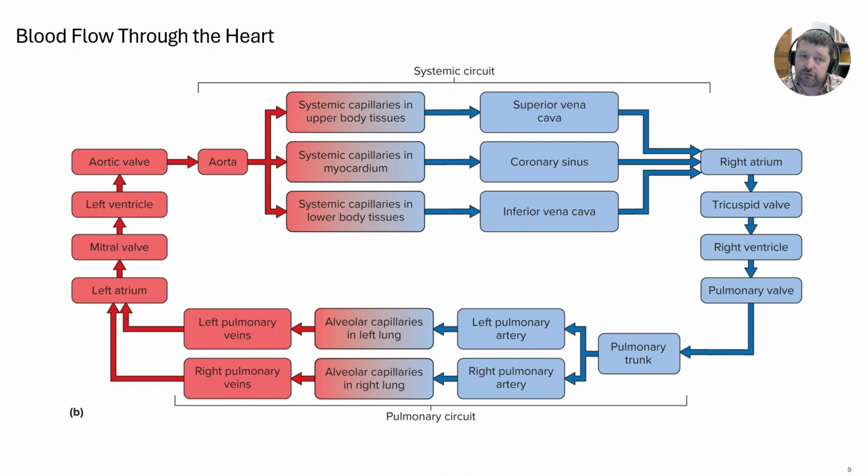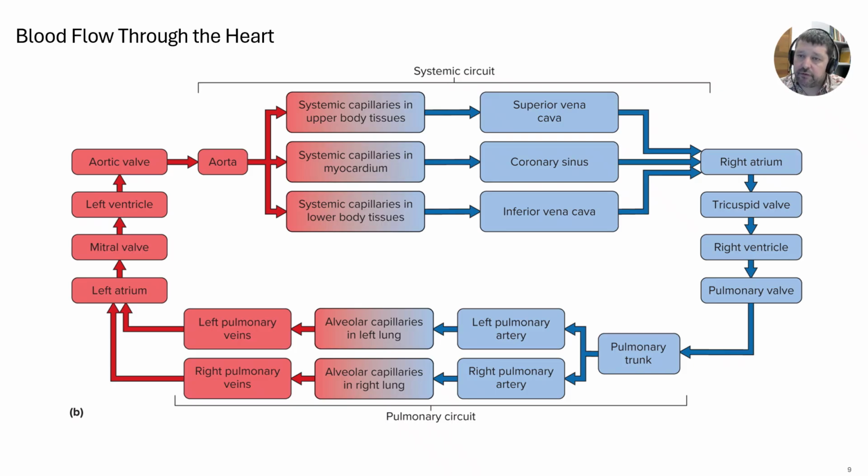So it takes oxygenated blood from the left ventricle through the aortic semilunar valve to the aorta, into capillaries in many different regions of the body, and back through the superior and inferior vena cava to the right atrium. So the systemic circuit is from left ventricle to right atrium.